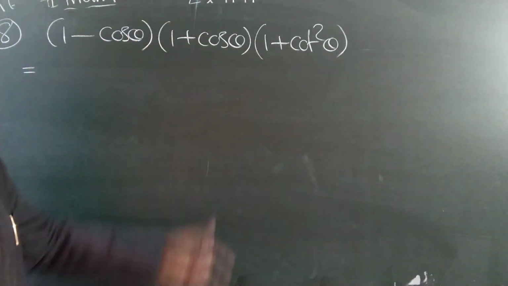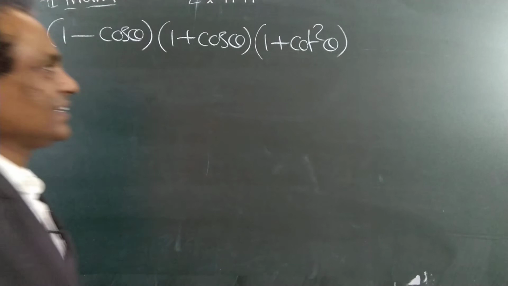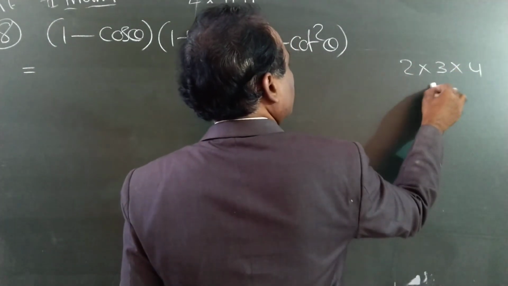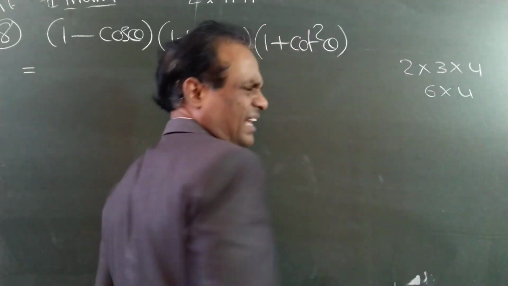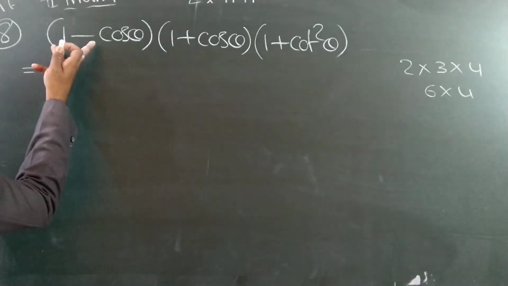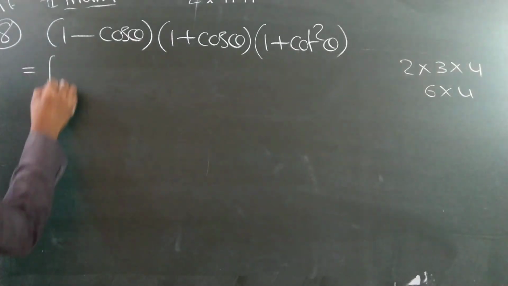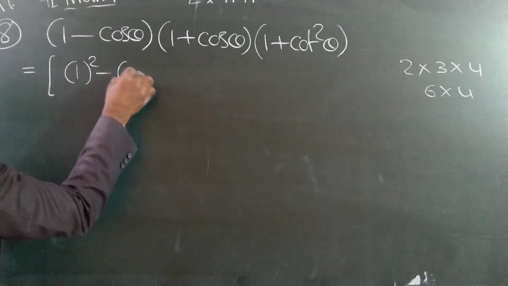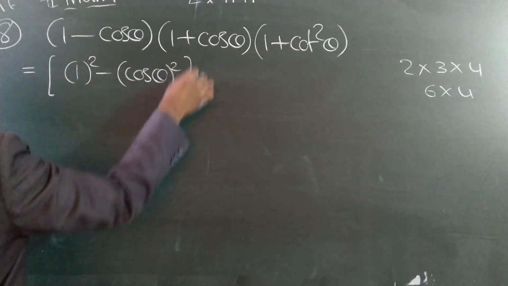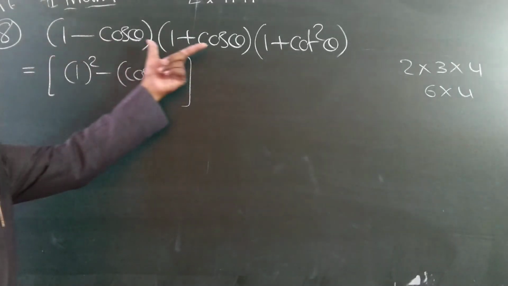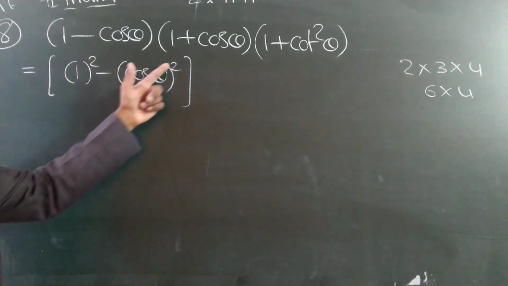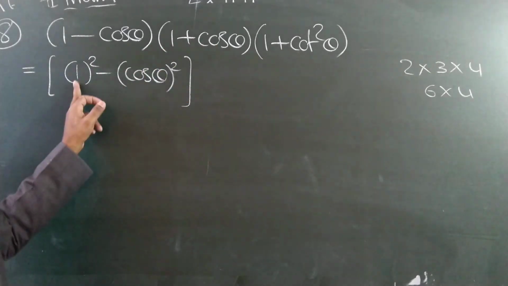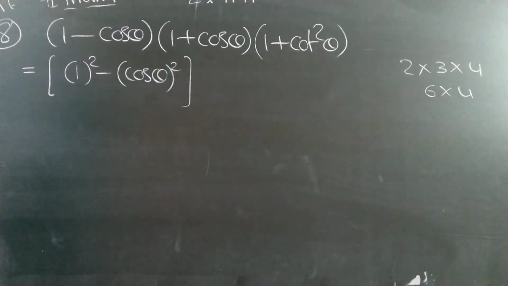First I will multiply these two, then I will multiply with that. Because if we have three multiplications, we multiply these two, then we multiply with the third one. So a minus b into a plus b is a square minus b square.